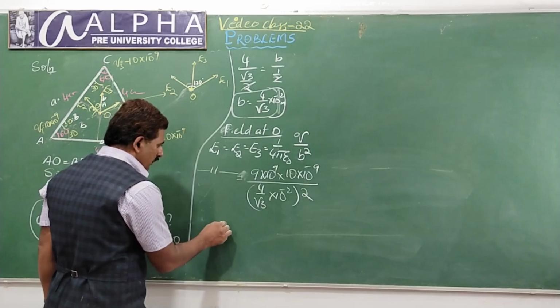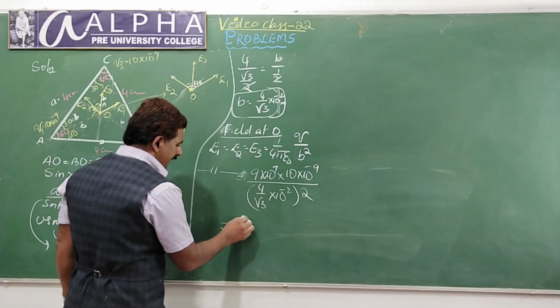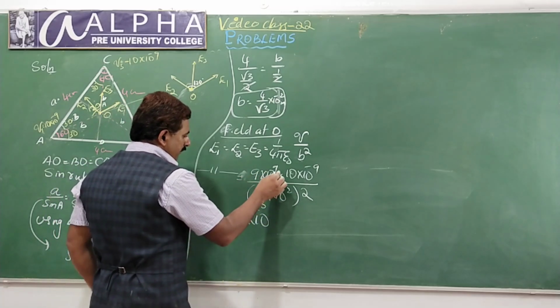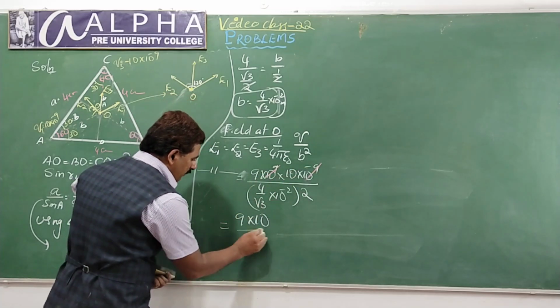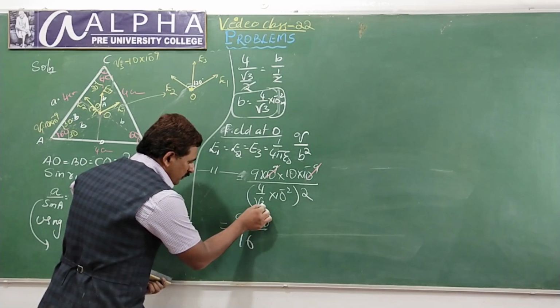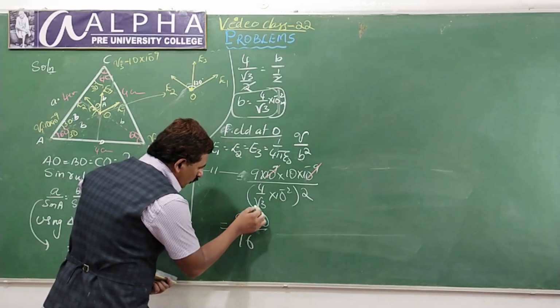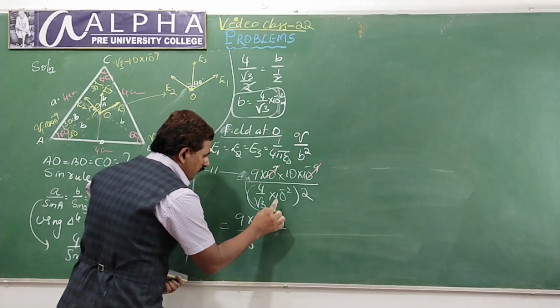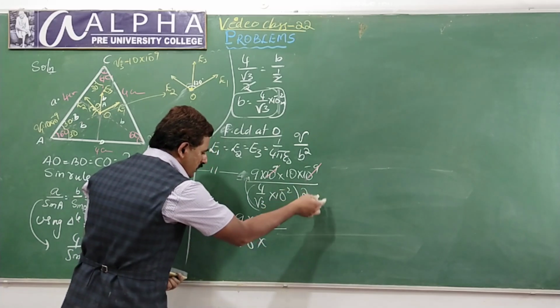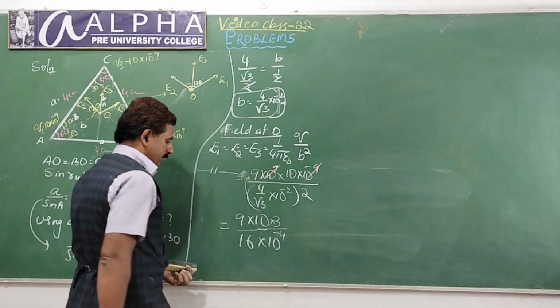So the value is 9 into 10, because this minus 9 plus 9 cancel. This divided by 16. What is root 3 square? 3 goes to the numerator. That's why it becomes 3. Divided by 10 to the power minus 2 whole square, which is minus 4.